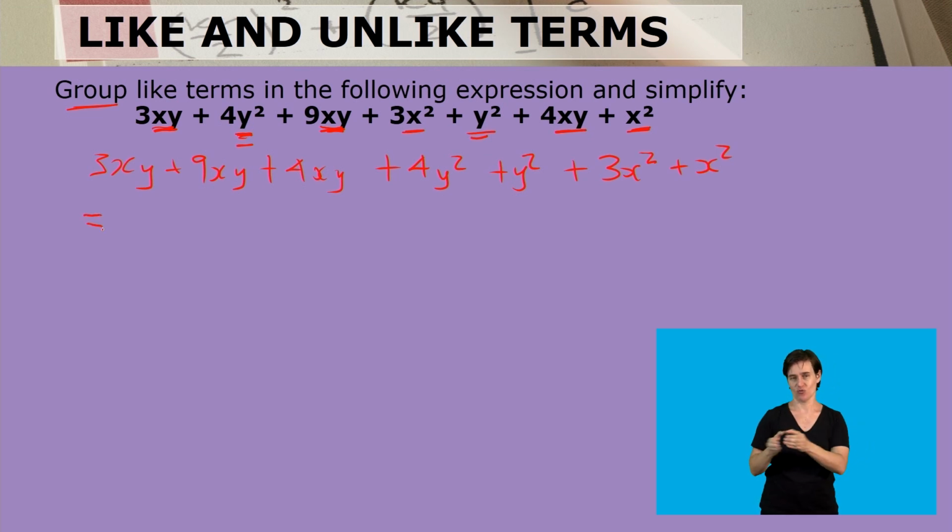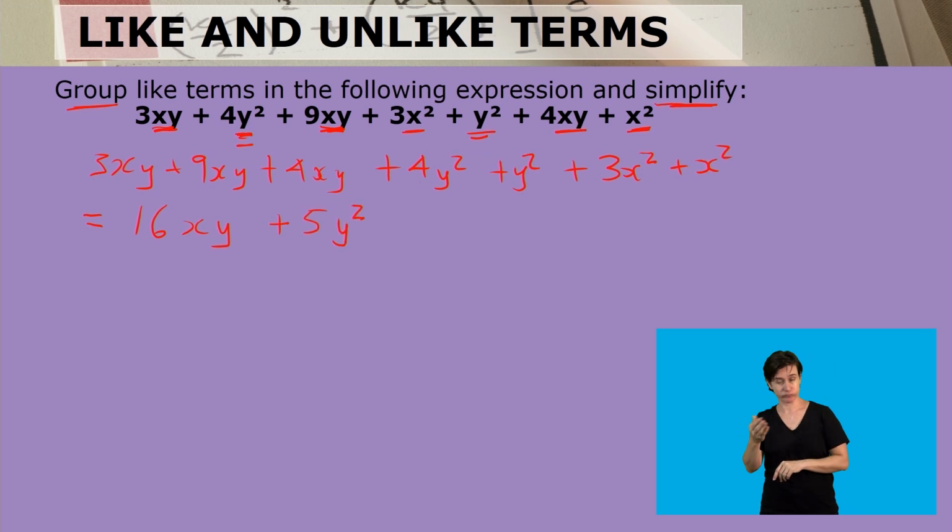So our expression now would then be to add according to the signs that are there. So it's 3 plus 9 plus 4. 3 plus 9 is 12, plus 4 is 16xy. Now we are simplifying. 4 plus 1y is 5y squared.